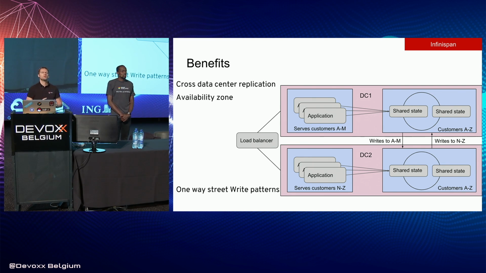What happens usually is you say, okay, some of my customers go there, the rest go there, and then you've got your application stateless deployed, and you're having the data grid running on this data center, and let's say it's data center number 1, so all of the users from A to M are actually storing their state there.